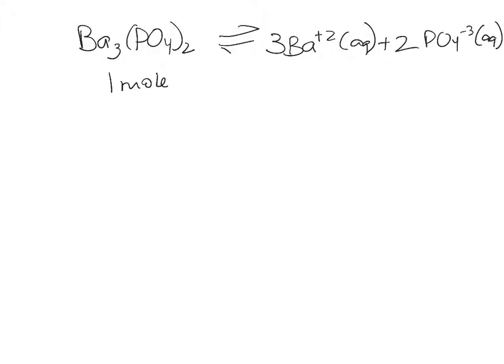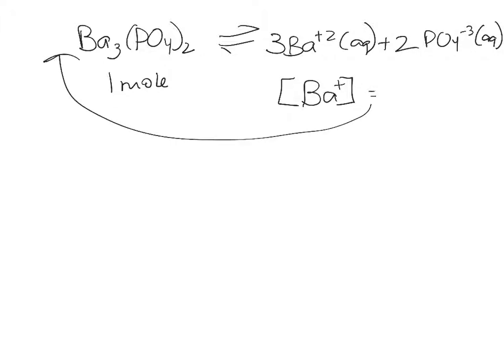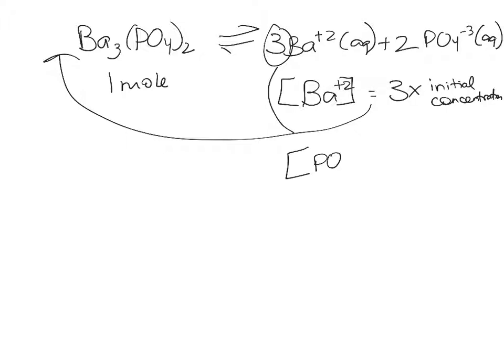So to determine the molarity of the barium ions, you take the initial concentration of your initial solution and multiply it by 3. So 3 times the initial concentration of your salt as you initially put it in the water. To find out the concentration, I'm sorry, this is plus 2. To determine the concentration of your phosphate ions, it's going to be 2 times the initial concentration.